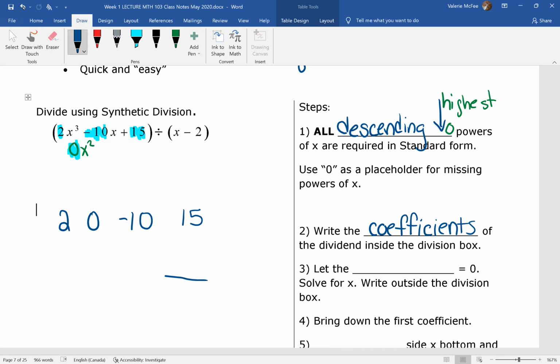For synthetic division, I like to use an upside down division box. In step 3, we're going to let the divisor equal 0 and then solve for x. So here our divisor is x minus 2. We see that x equals +2. We're going to write that outside the division box.